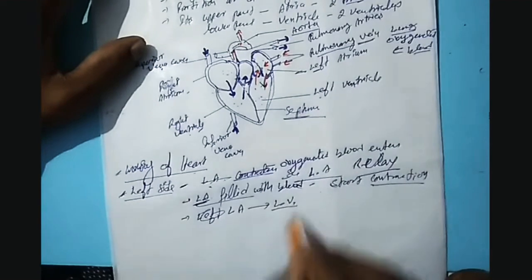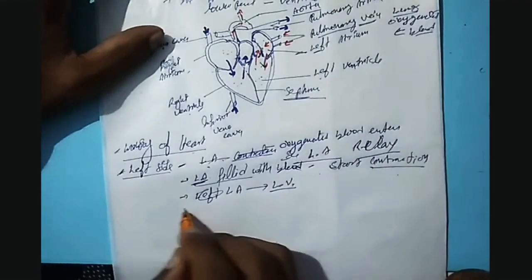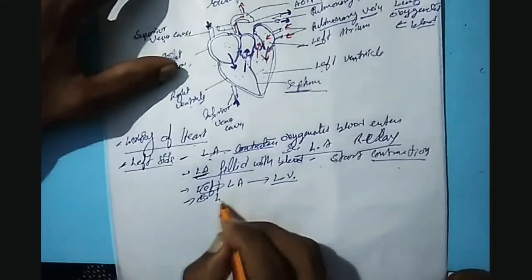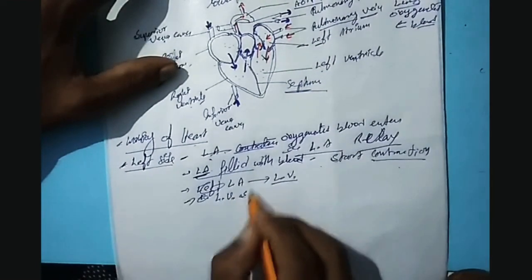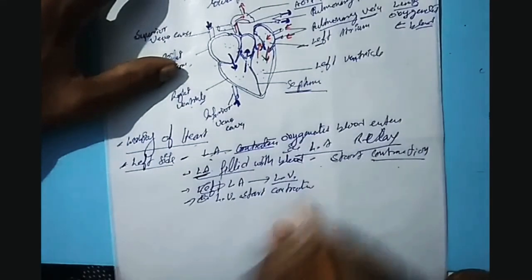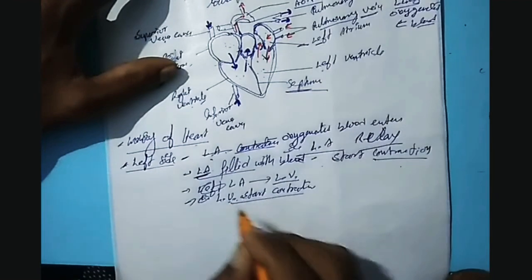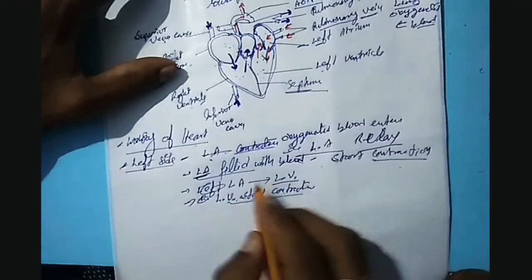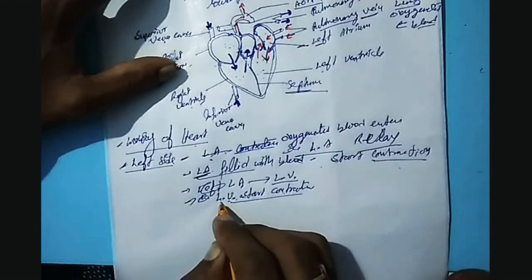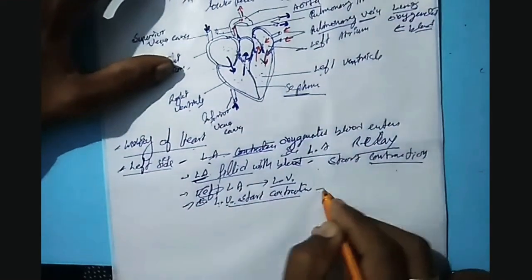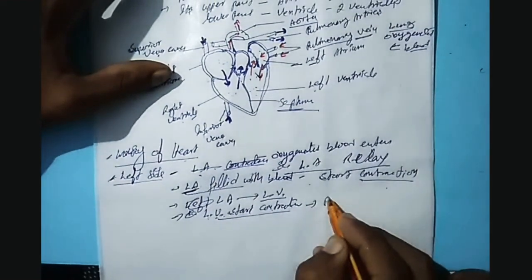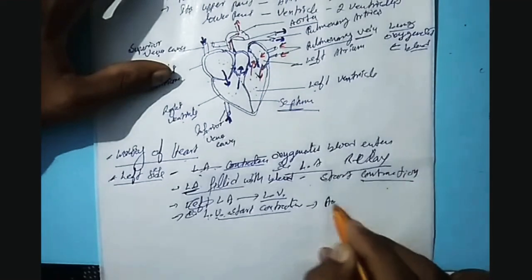After that, the left ventricle starts contraction, and when the left ventricle starts contraction, the left atrium goes to relaxed condition. As a result, blood moves into the aorta.